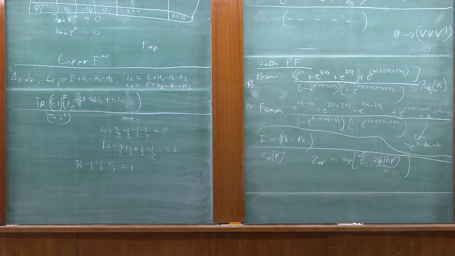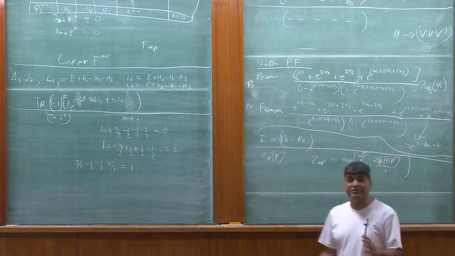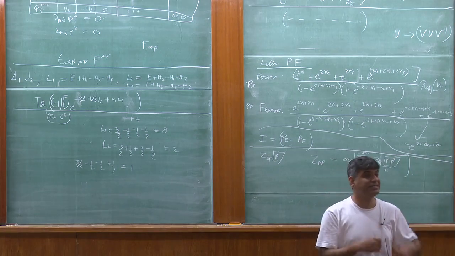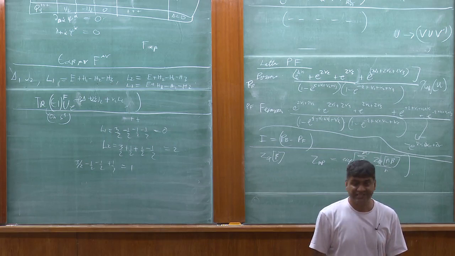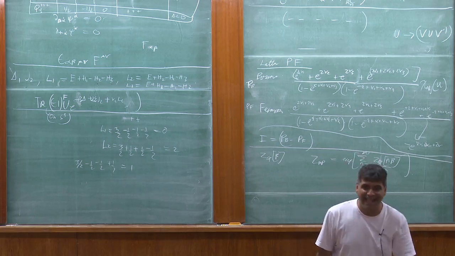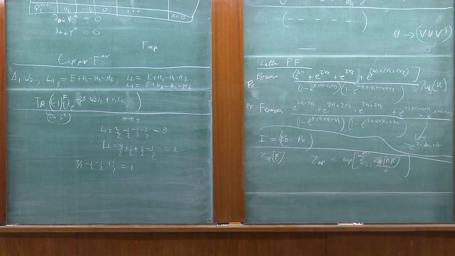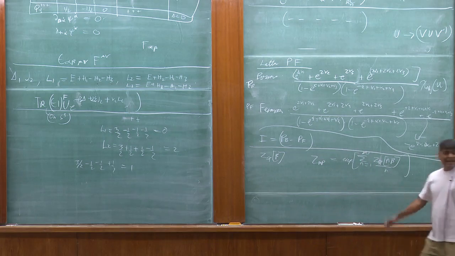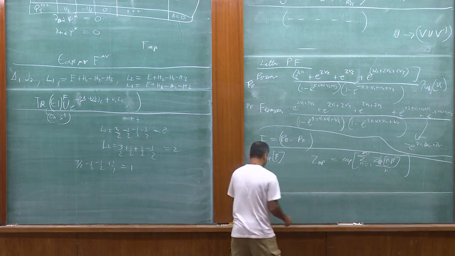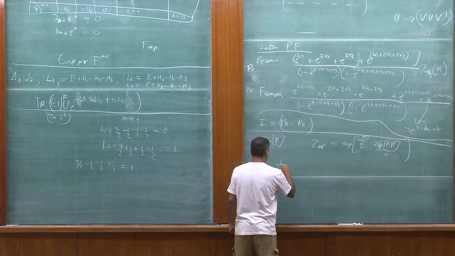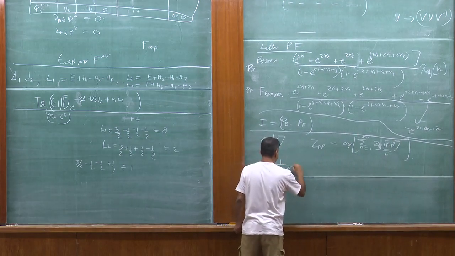Okay, immediately all you guys would go and say, well, the way to think is not particle by particle, but state by state. Because each state can be occupied an arbitrary number of times, for the first state I would have 1 over 1 minus e to the power minus beta E1.